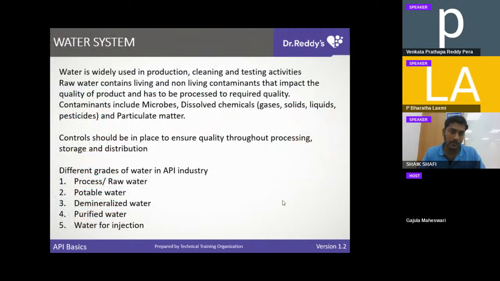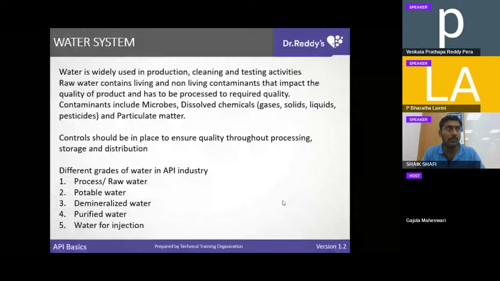This is a very important resource in our API industry. Without water, we cannot do anything. In any process, we are using water. I told we use two types of water: potable water and purified water. Potable water is for intermediate manufacturing and purified water is for API manufacturing.